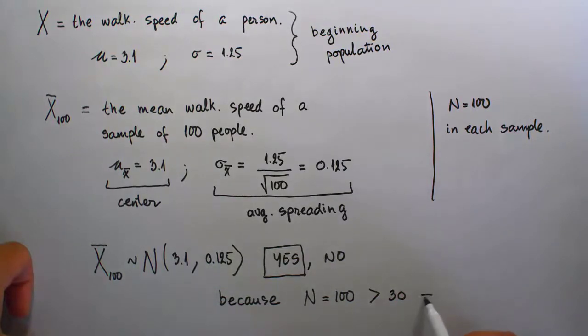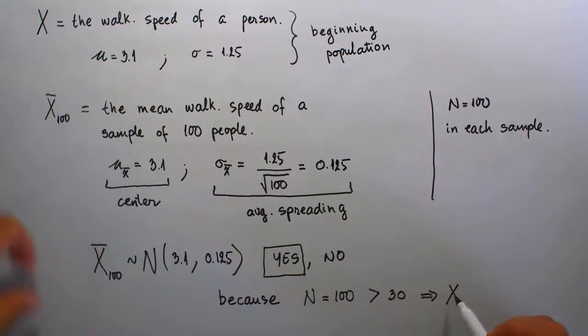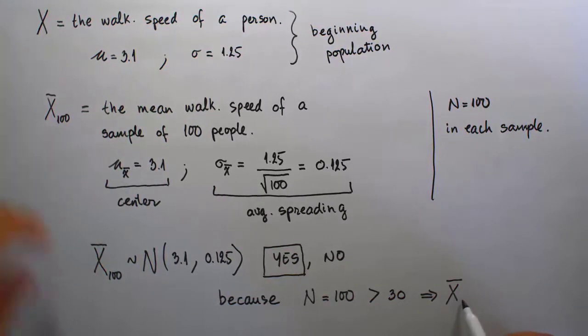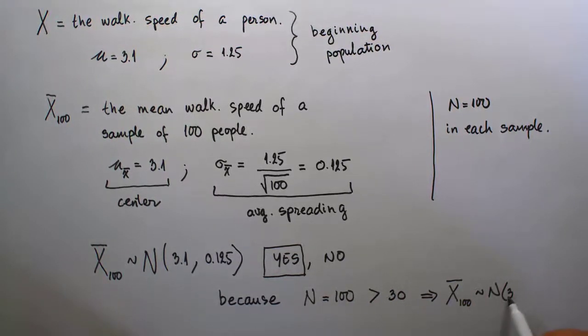As a quick explanation, as long as we have a sample size way above 30 like that, then no matter whether our beginning population is a bell curve or not, it will automatically guarantee that our sampling distribution of the mean will be normally distributed, with center 3.1 and standard deviation 0.125.